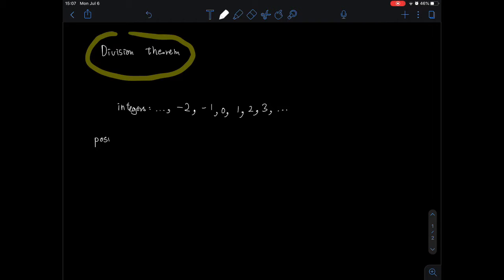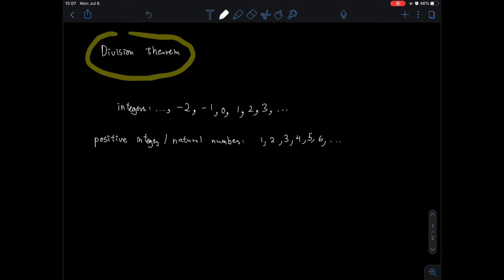And the positive integers, or we call the natural numbers, are 1, 2, 3, 4, 5, 6, and so on.